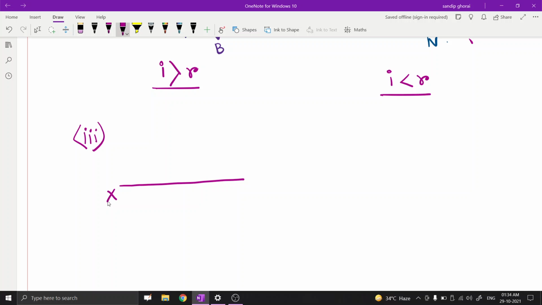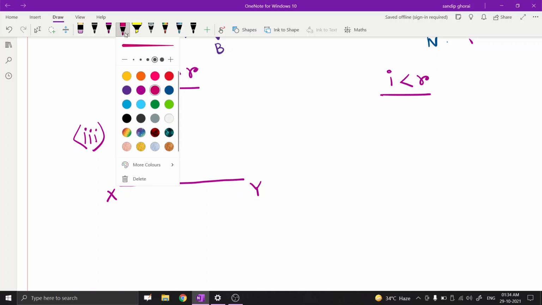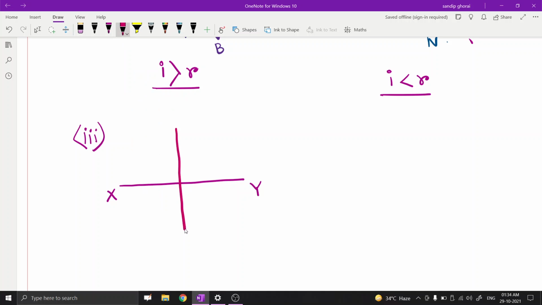If we take line XY and draw a perpendicular, that is the normal MON, and take the incident ray along MO on the normal, then it travels along the same straight path without any deviation. So here no deviation occurs.